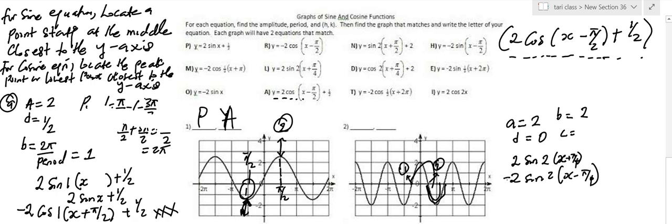So this will be negative. So which one applies to what we have here? That is L, because I don't have negative 2 sine. No, I don't have it. So that means it's L.